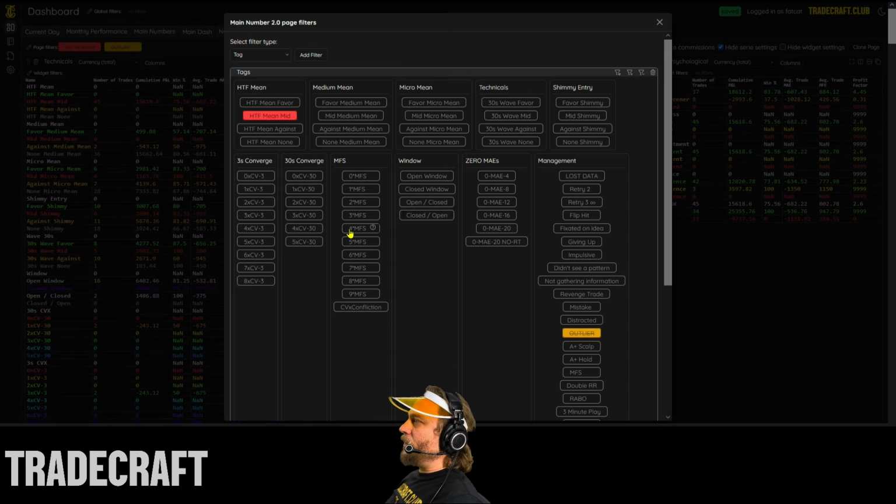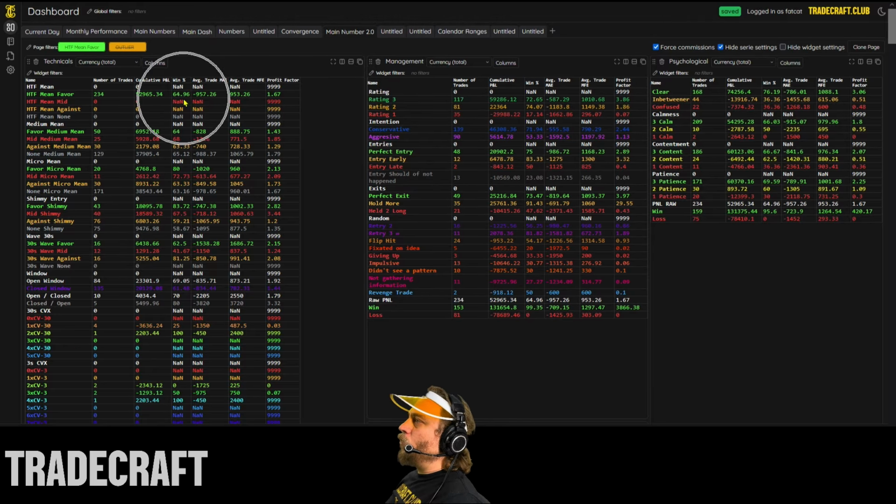So if we go to mean reversions, let's look at the mean reversions here. What's going on here? Well, we can see there's a lot of rating 1s. So I can tell you off the bat from a management perspective at first glance, this is hurting me. There's some management issues here. What are the management issues?